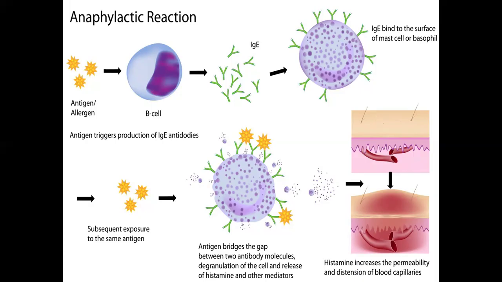On re-exposure to the same allergen, what happens? The allergen will bind to the Fab region of the IgE-coated mast cell, causing mast cell degranulation. As a result, chemical mediators are released like histamine and serotonin. These are primary mediators. Prostaglandins and leukotrienes are secondary mediators. So what are the clinical manifestations that we discussed?